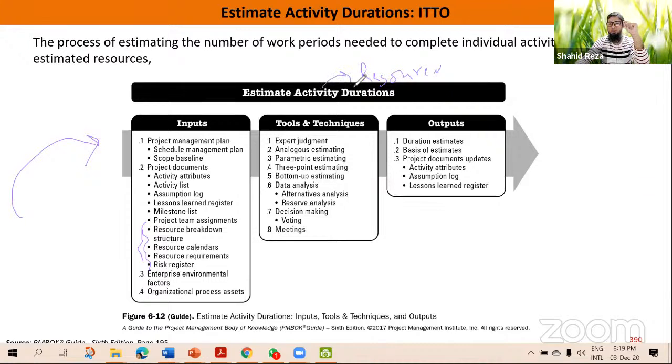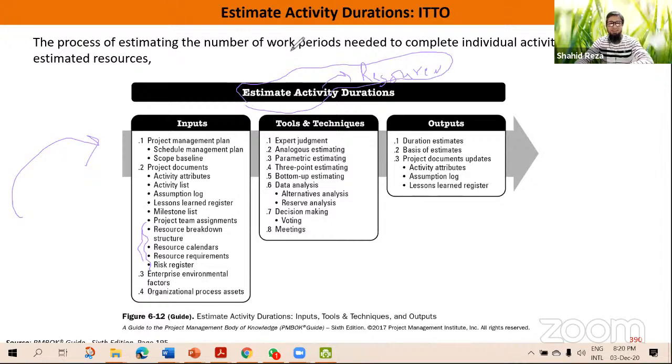We will see this in the resource chapter. That means what type of resource we need to complete an activity. We will get that in the resource chapter, and from there we will use this as inputs. So before doing this process, please remember you have to complete that process in the resource chapter.